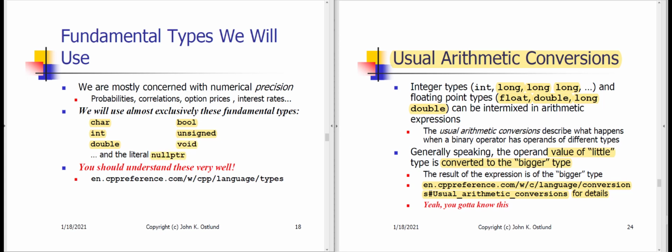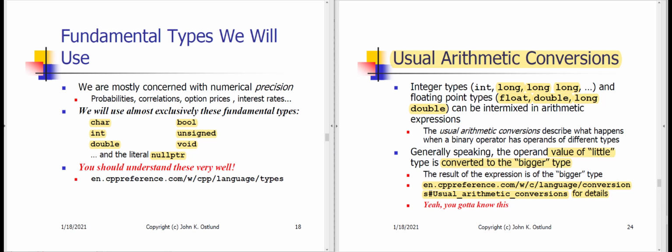So when we use these things in arithmetic, char and bool are going to be promoted to int. Now, int and unsigned are the same size in memory, and consequently, if you combine an int and an unsigned, the unsigned is considered to be the, quote, bigger, unquote, type, and the int is therefore converted to unsigned.